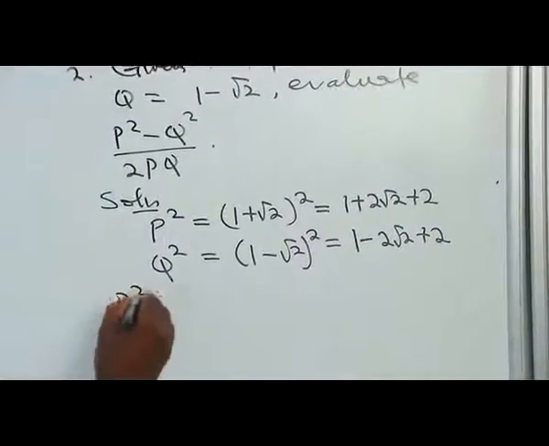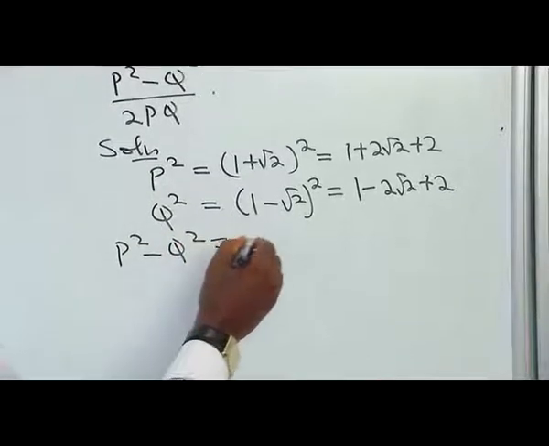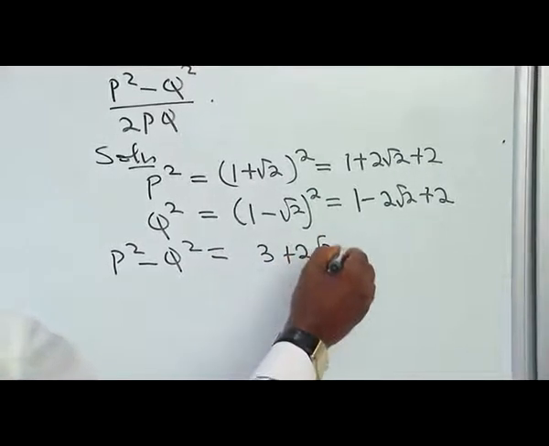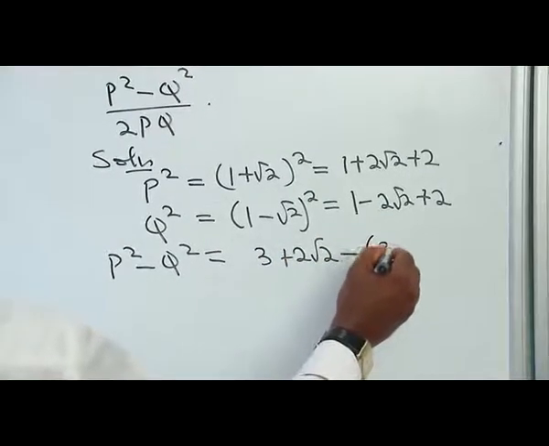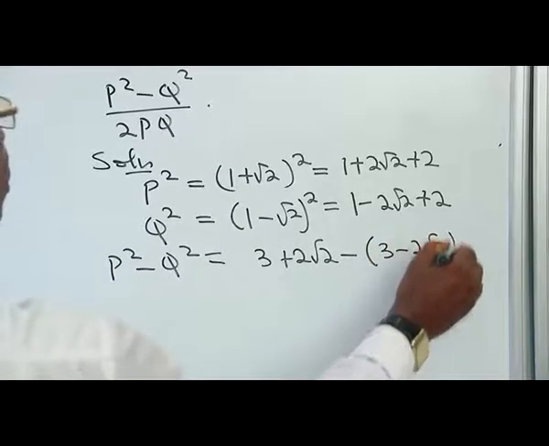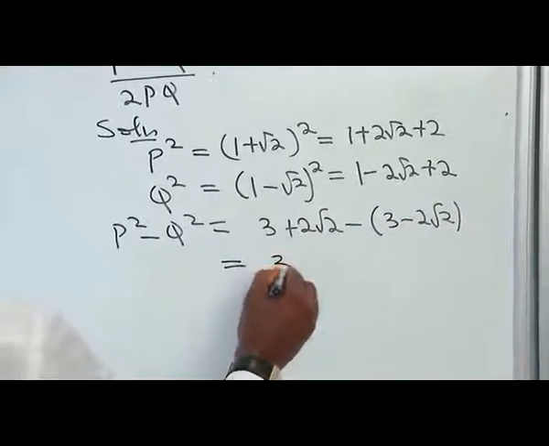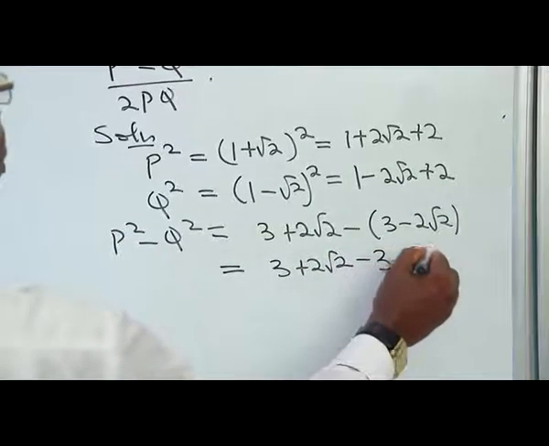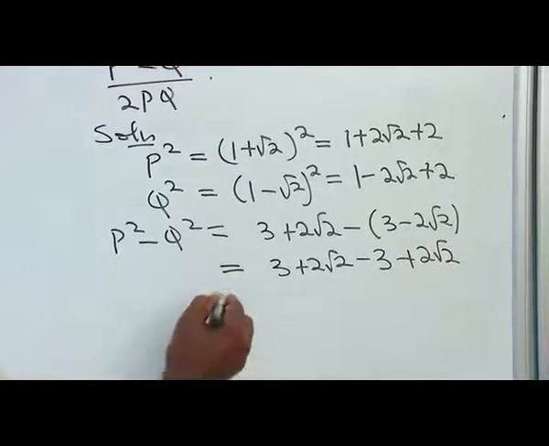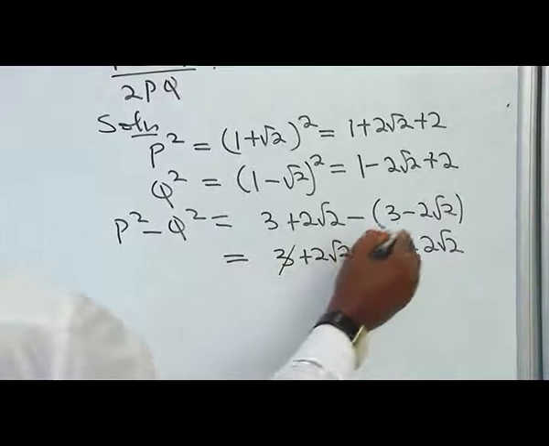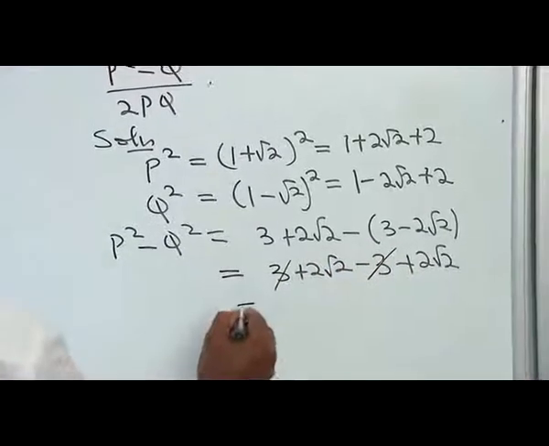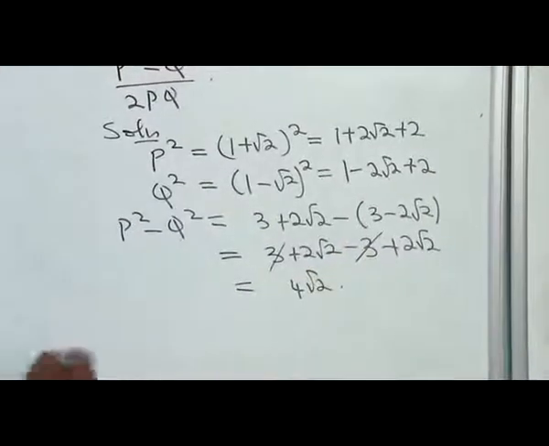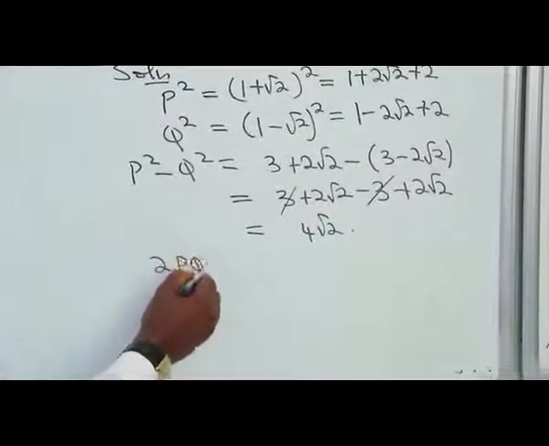Now let's take our p squared minus q squared, which becomes 3 plus 2 root 2 minus 3 minus 2 root 2. This simplifies to become 3 plus 2 root 2 minus 3 and then plus 2 root 2. In this regard, 3 and minus 3 will go, so you have 2 root 2 plus 2 root 2, which is 4 root 2.